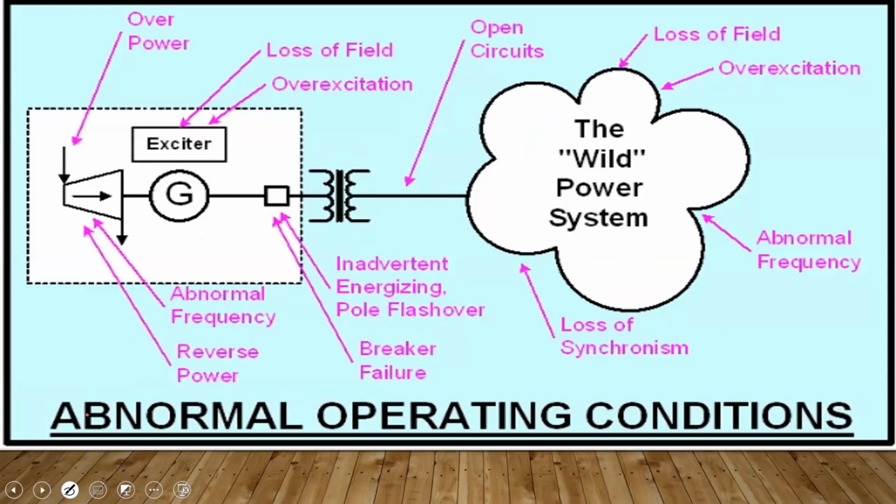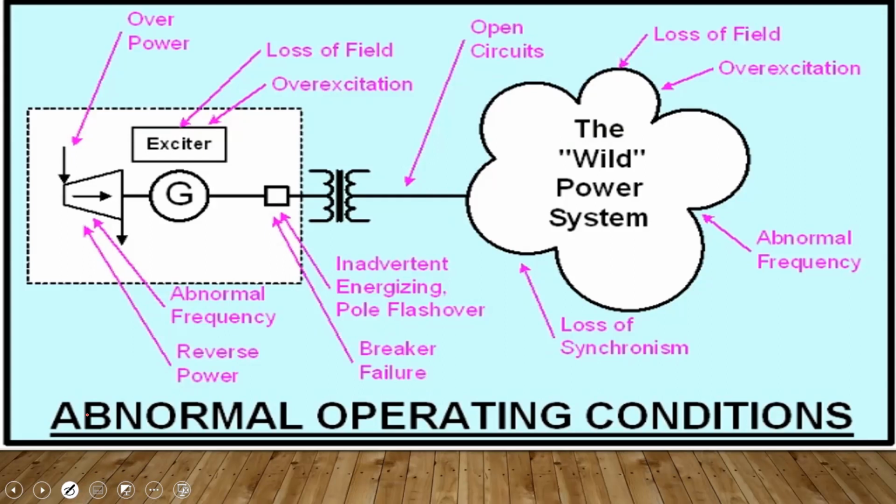Right, your turbine. We're talking about overpower. In other words, your mechanical input is too much, or the input to your turbine has exceeded a particular threshold, so to speak. I know we haven't spoken about stability, but for what it's worth, let's just say overpower.